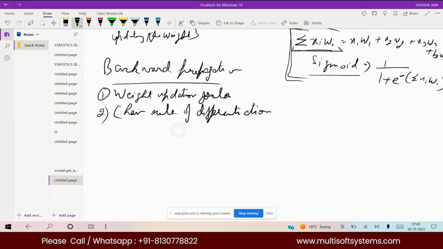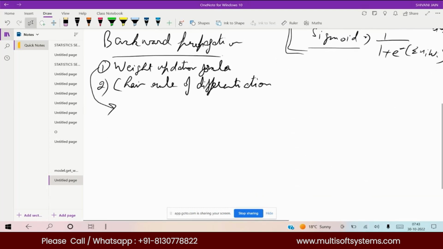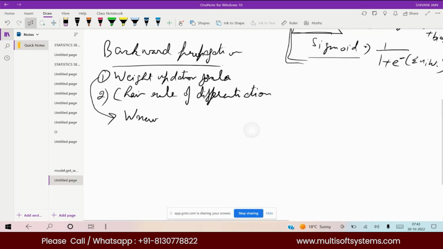Now starting with the first point, the weight updation formula. So what is the formula? Very important, you will be using this very frequently. W new, basically the new weight which you want to calculate. For example, I want to calculate W1 new, which equals W old minus eta. This is your learning rate, eta.